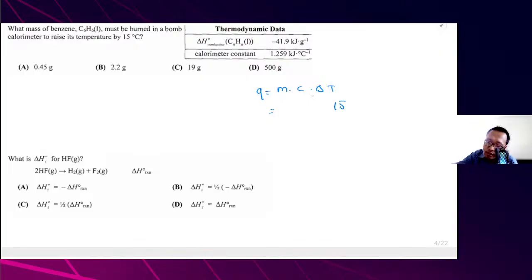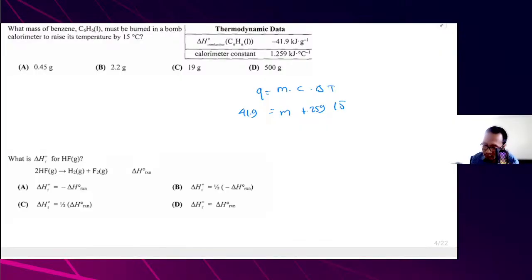And then the calorimeter constant is 1.259, and this one is 41.9. Just do the calculation for that one.